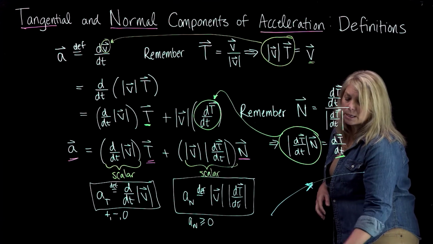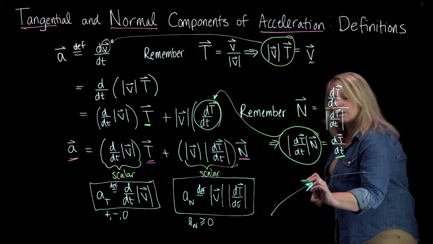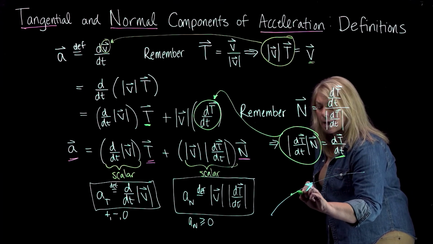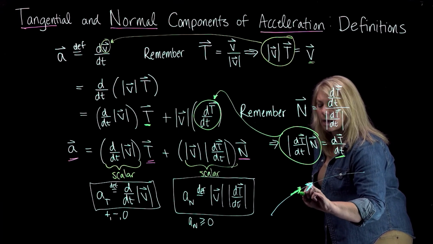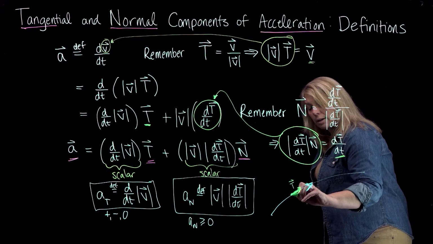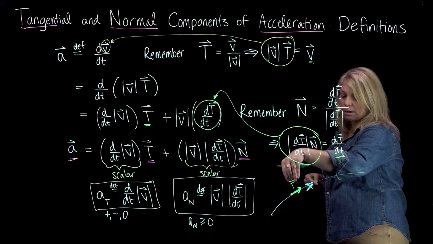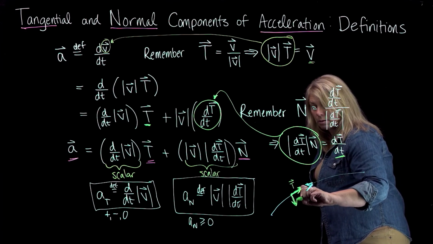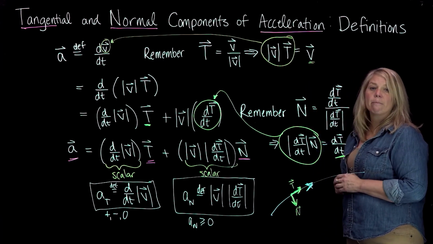We've got a unit tangent vector to the curve, 1 unit long, along the motion of the curve. And then a normal vector to the curve, 1 unit long, perpendicular to the tangent vector and on the concave side of the curve.